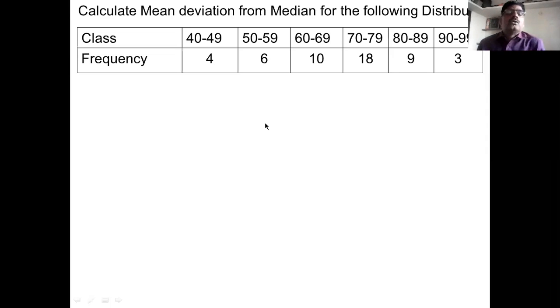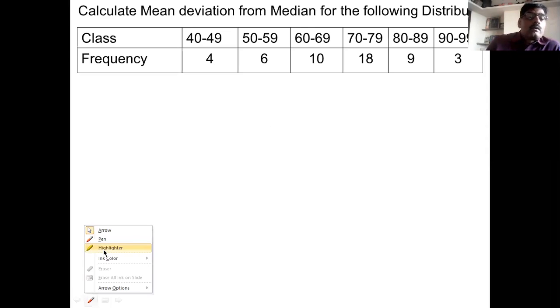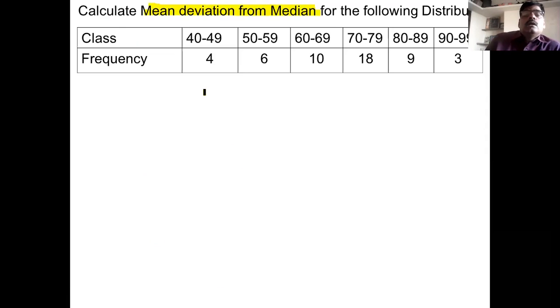So you see here in this problem, calculate mean deviation from median. The classes are inclusive classes, and the frequency is given. The class is continuous.